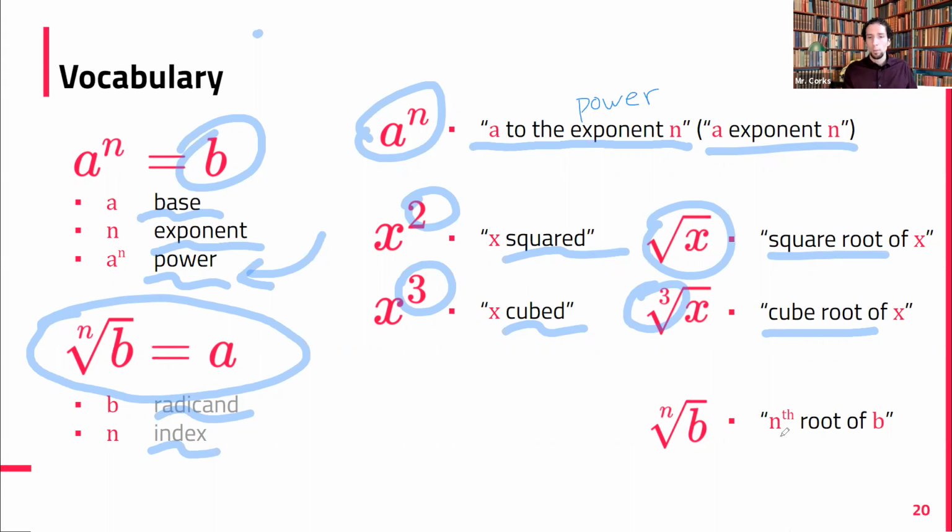More generally, this would be the nth root of a number, 5th root of b, 12th root of b, like that. So that's the vocabulary that we will need: squared, cube, square root, cube root, and then nth roots, or a to the exponent n.